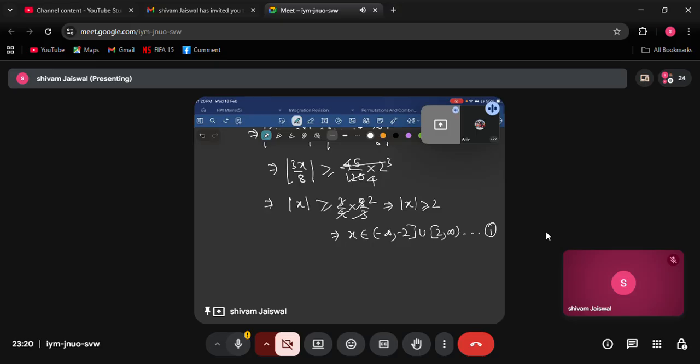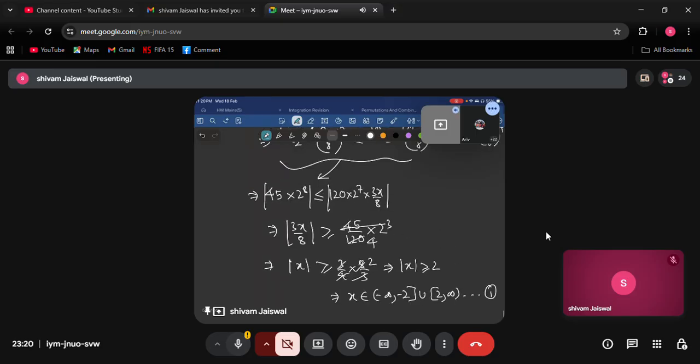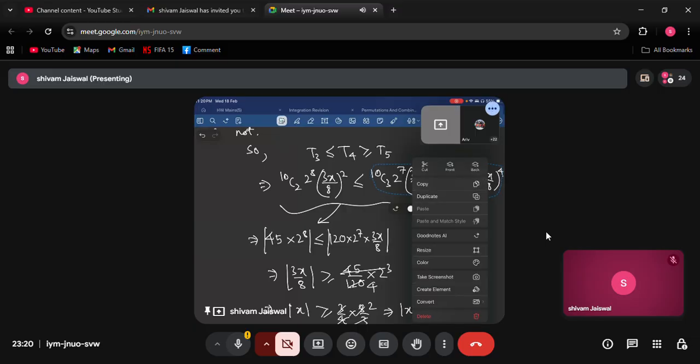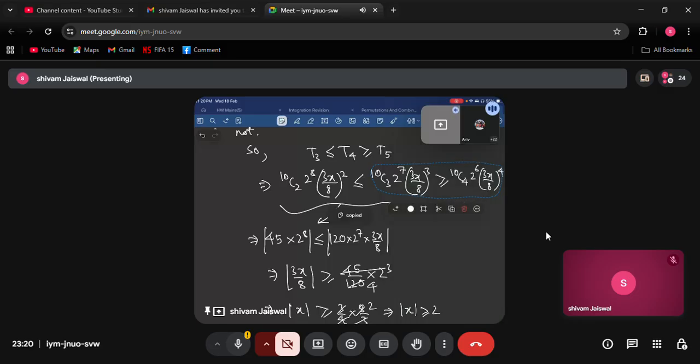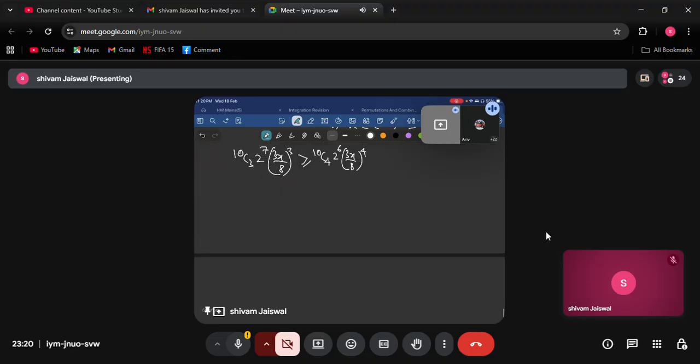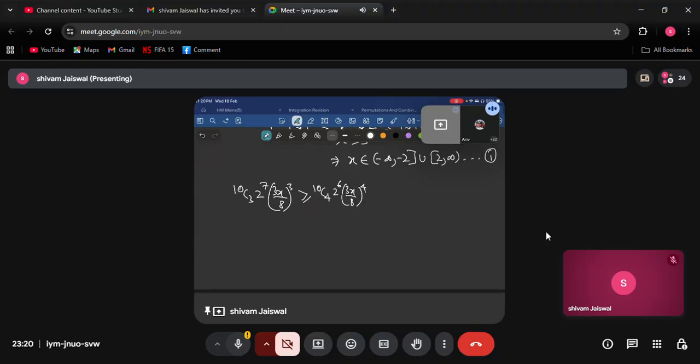Next, there is another inequality we have to solve, that is this one. Okay, 10C3 and 10C4. So somebody tell me what is the value of 10C4? Is it 126 somehow? Just tell me. 10C3 is 120.